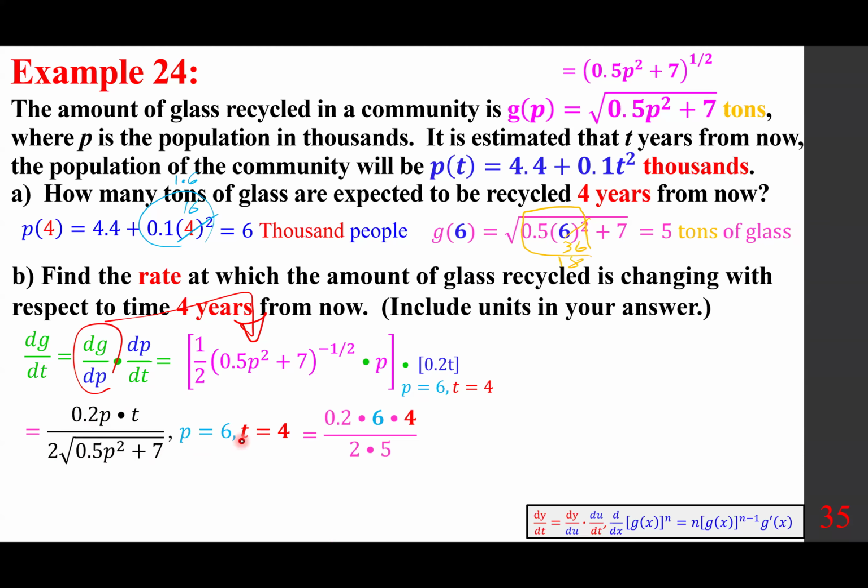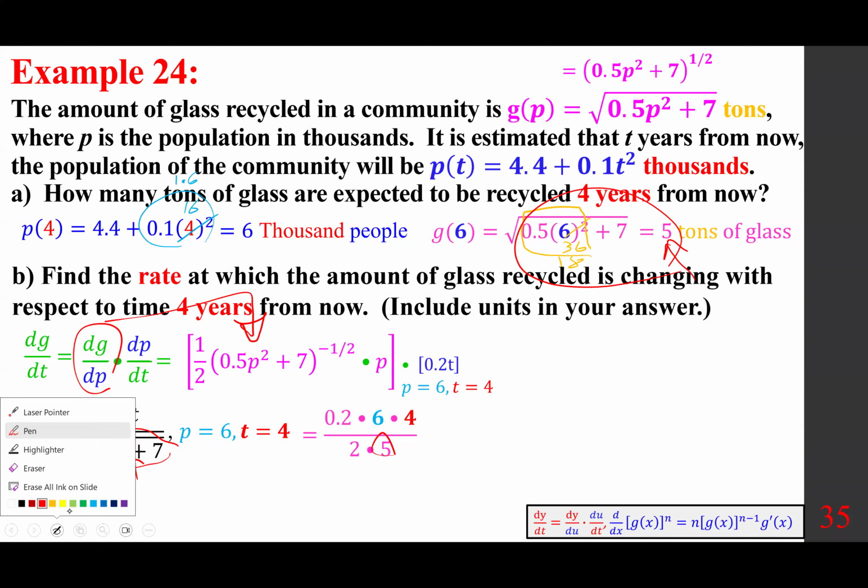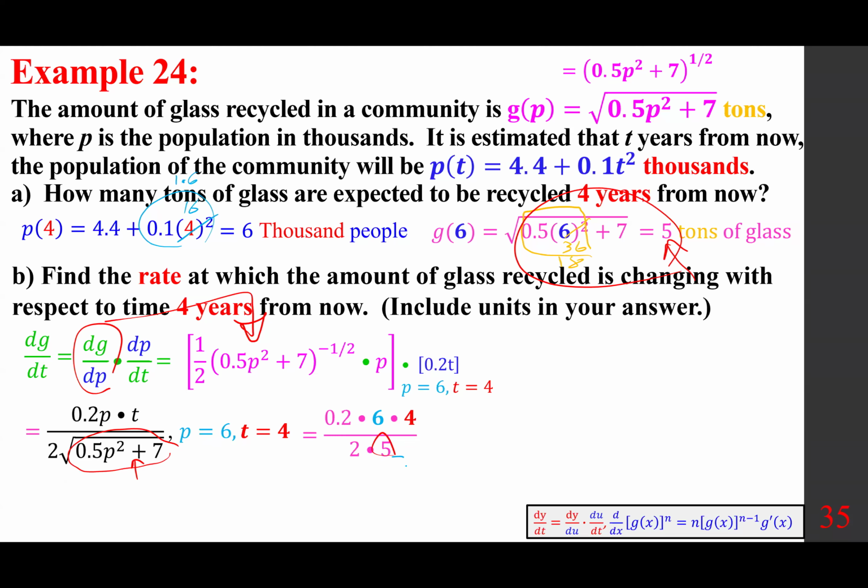Now, I hope you realize this part, we already did that. Remember the 5 we came up with, so that works out to be the same 5 here. So 0.2 times 6 times 4 over 2 times 5.